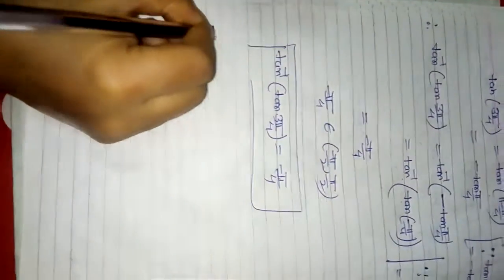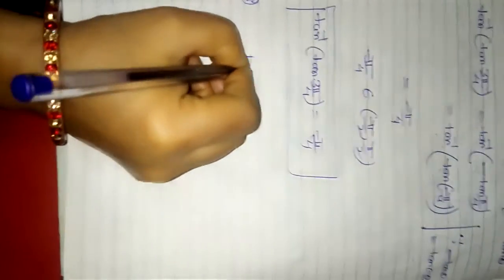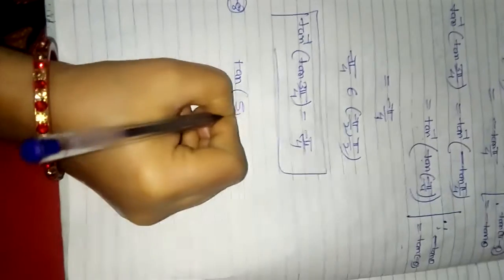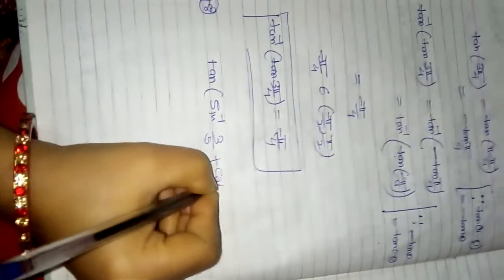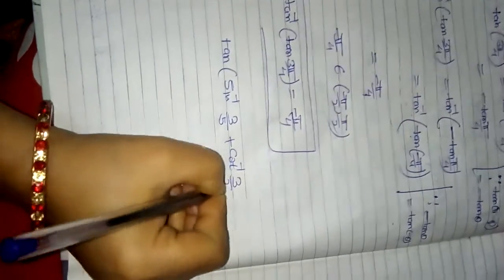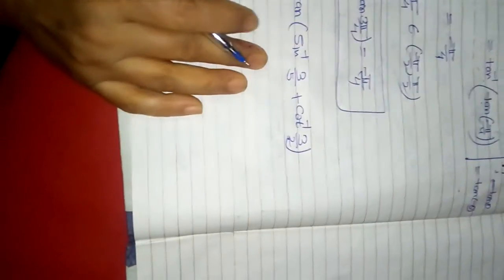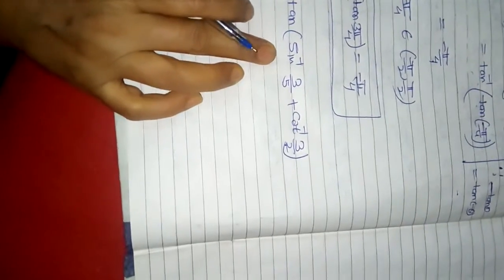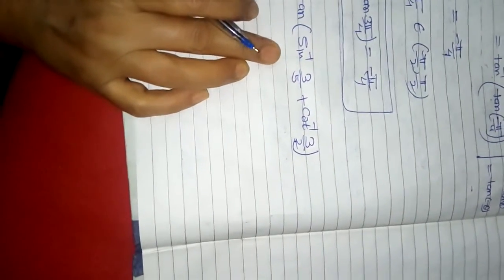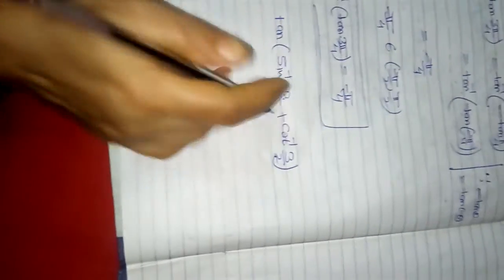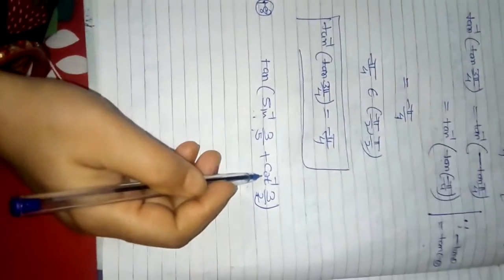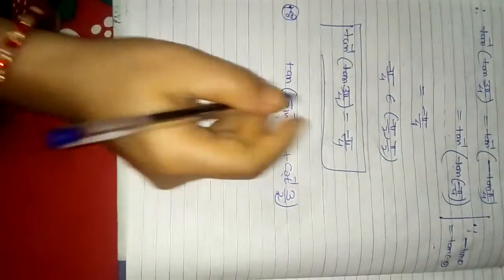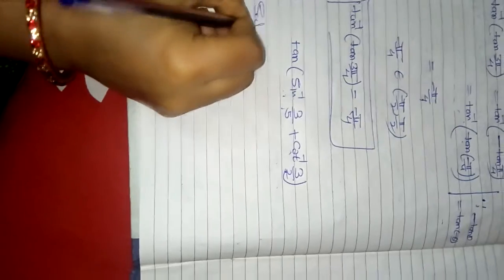Now question number 18. Question number 18 is tan of sine inverse 3 upon 5 plus cot inverse 3 by 2. Now the angles inside tan can be converted into tan inverse terms. This term sine inverse 3 by 5 we can convert into tan inverse, and this term also we can convert into tan inverse. Let us start the solution.